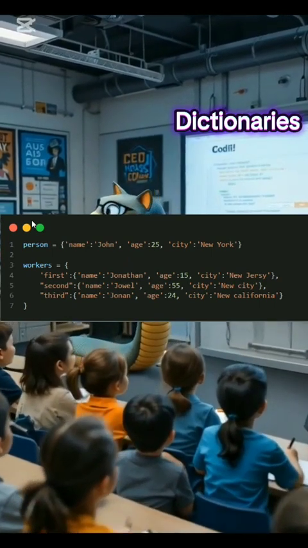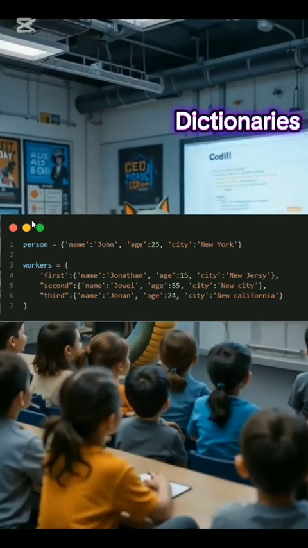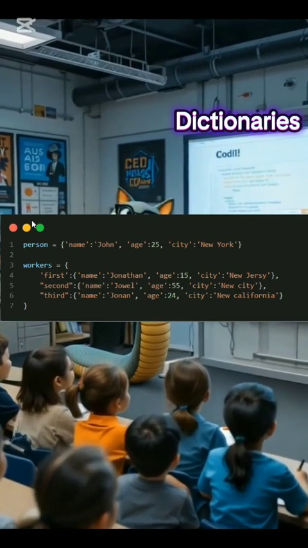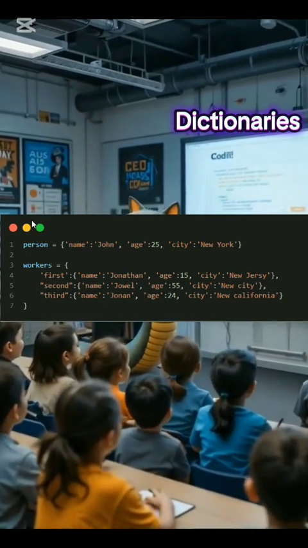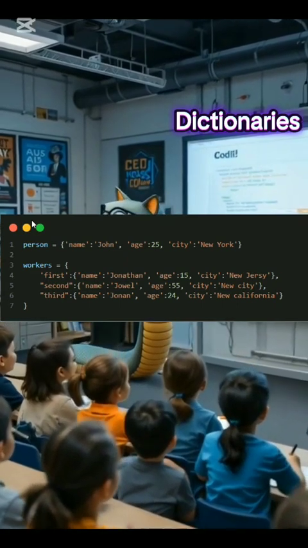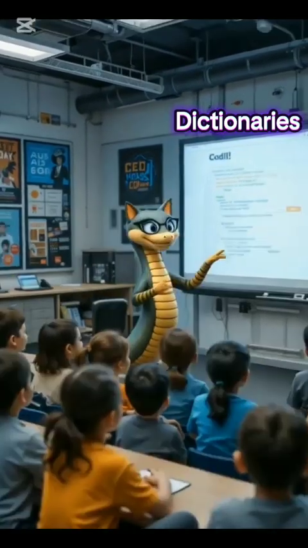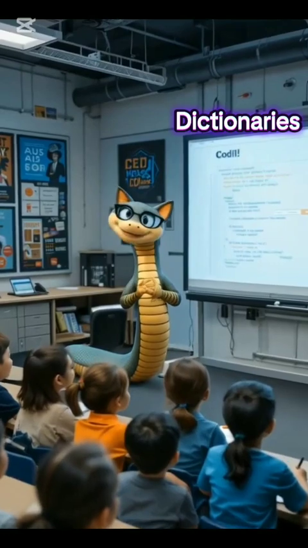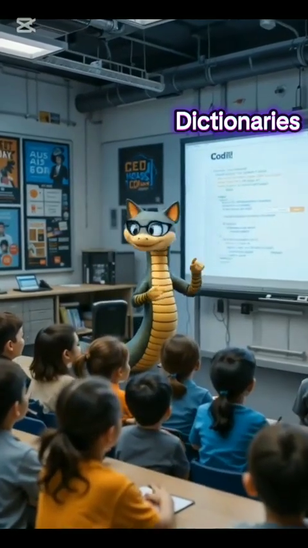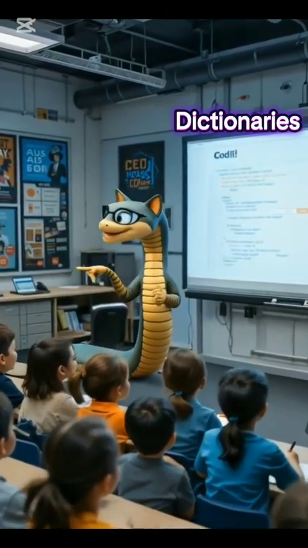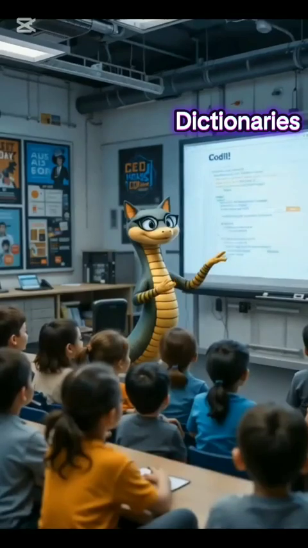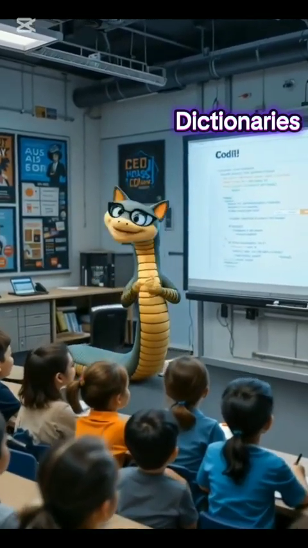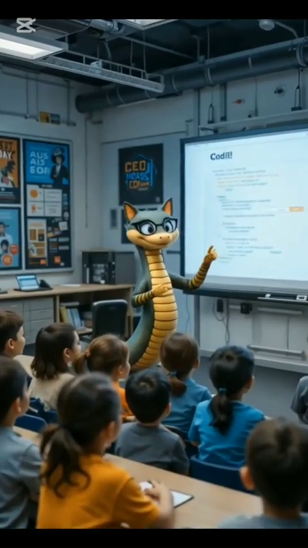Okay, you should note that, which means that dictionaries can contain multiple data types. And another one we have here is city, which is New York. So I think you have noted that the values can be of many data types. We shall look into that in future videos.